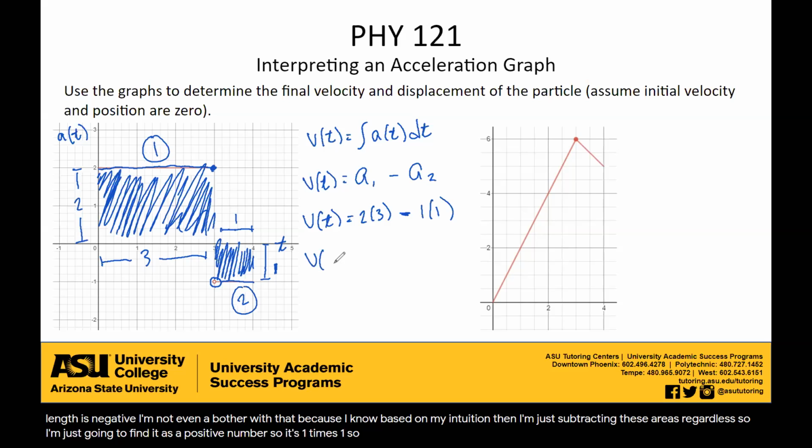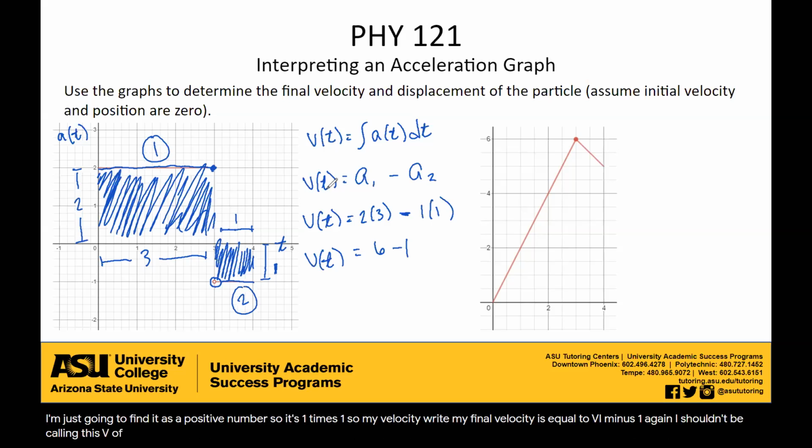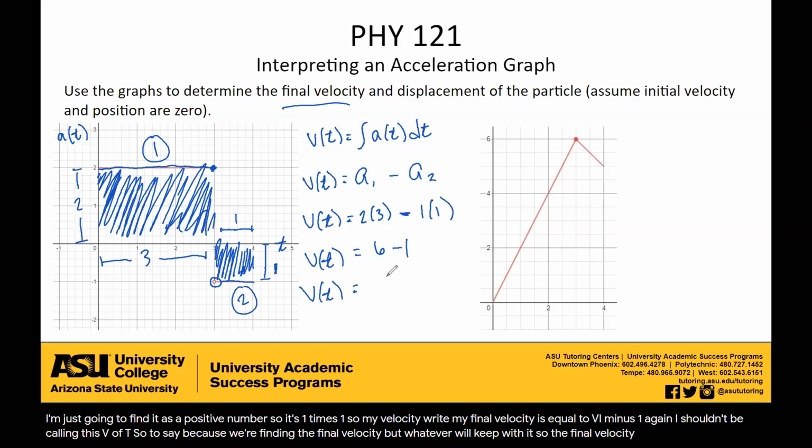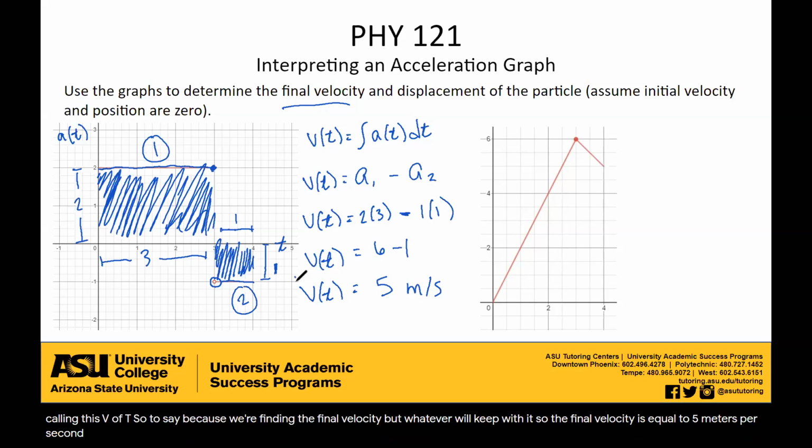My final velocity is equal to 6 minus 1. I shouldn't be calling this v of t, because we're finding the final velocity, but whatever. So the final velocity is equal to 5 meters per second, or whatever units we were in.